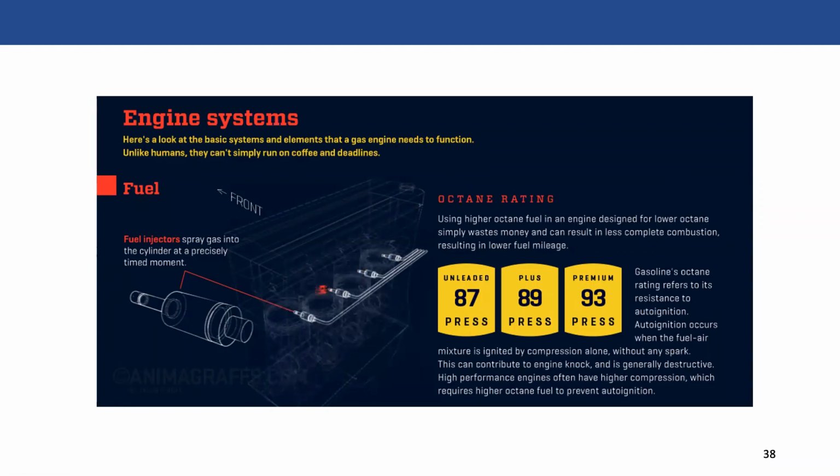One of them is the relative amount of octane within gasoline. You may have seen these ratings before, 87, 89, 93. That is a reference to the amount of octane that's in the fuel.